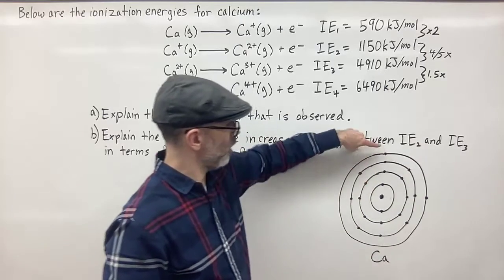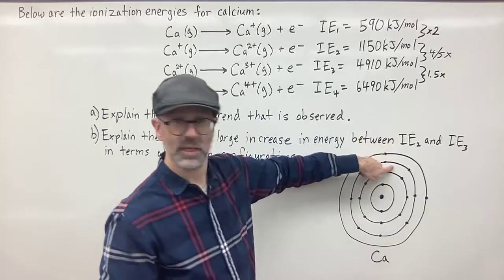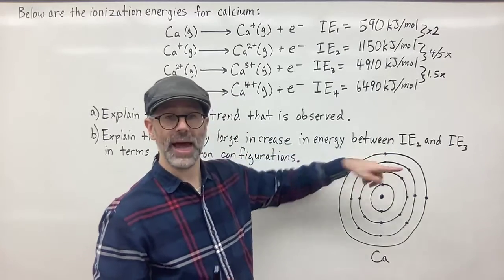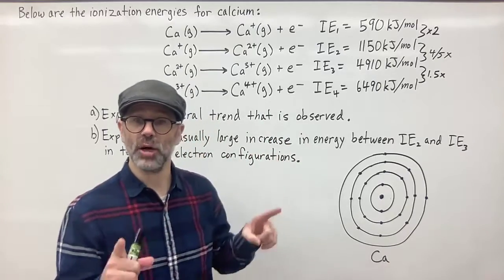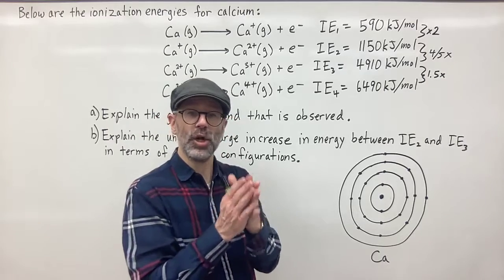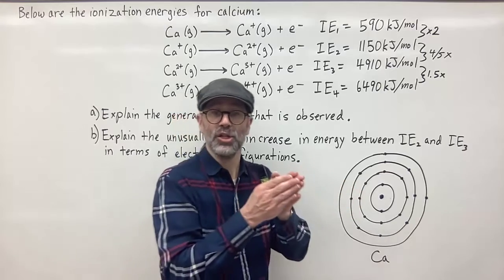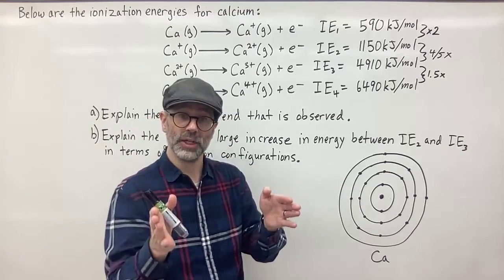So going from the valence shell to the next shell in the core electrons, that explains why you get such a large jump in the energy needed to remove the electron, because you're going from your last valence electron to the next one being taken, which is your first core electron.